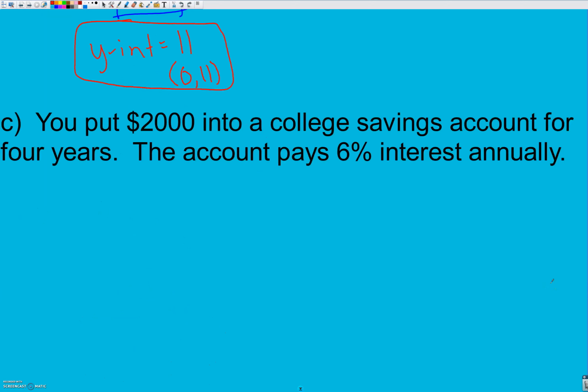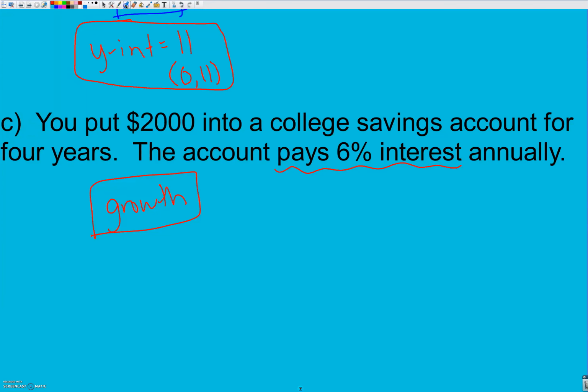Last one, I'll give you a second to pause and try. Okay, growth or decay here, because we're getting interest on it, it's going up, so it's going to be growth. Your account is going to grow. You're going to get more money.